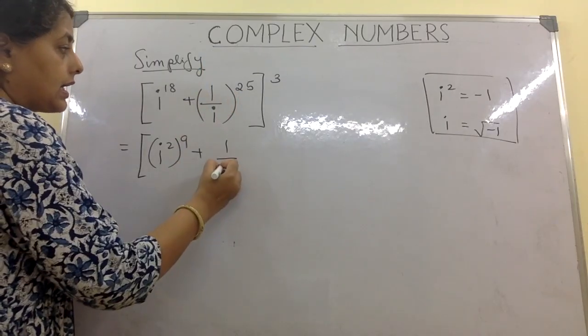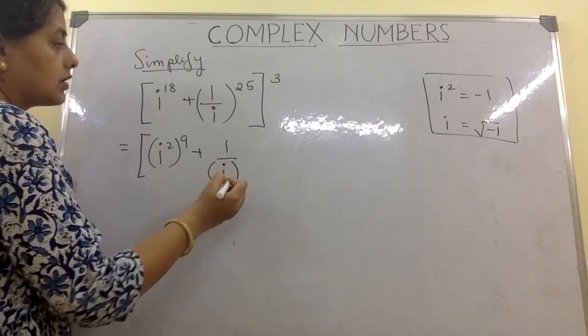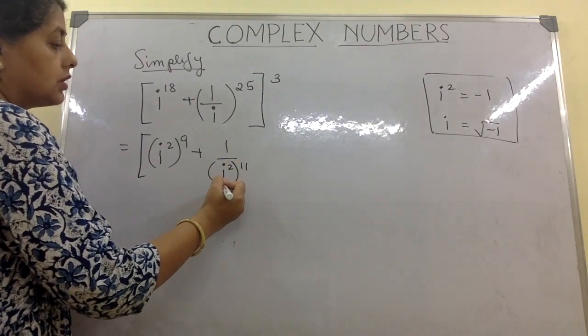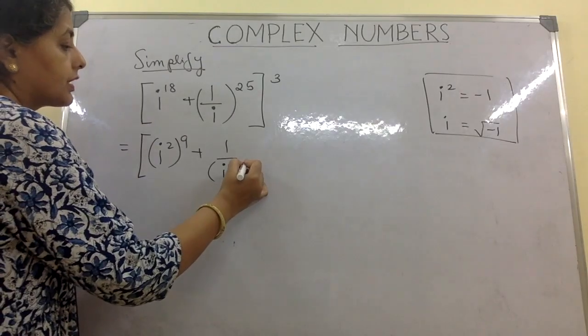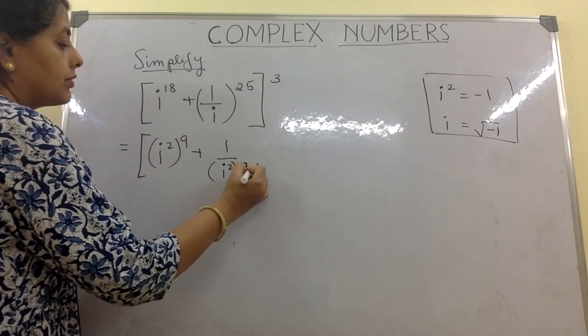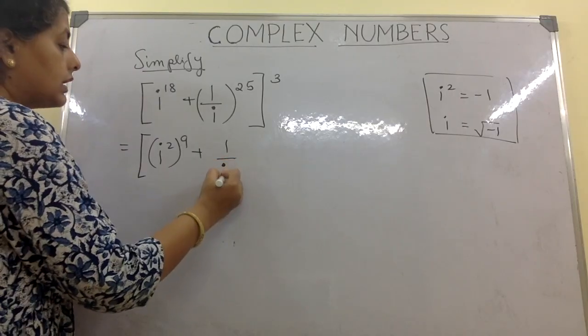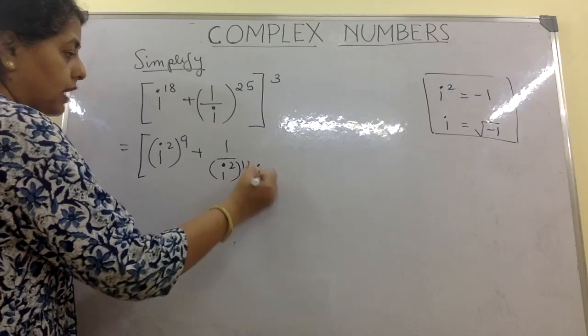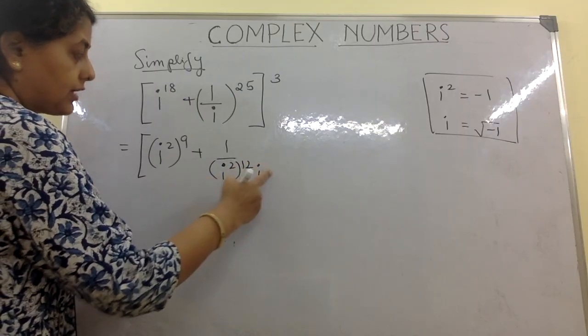Here i to the power i square to the power 12, i to the power 24 plus 1, 25.